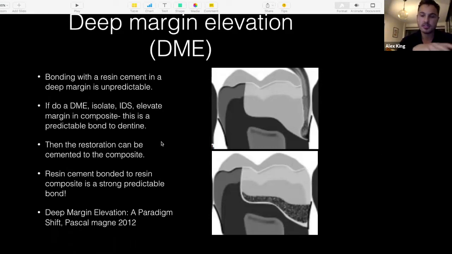There's research, there's recalls within the biomimetic community, especially Pascal Magne, Dave Ellerman, of 20, 25 years plus recall with no problems down here. And I was reading something the other day where they were saying, what about the impingement of the biological width?